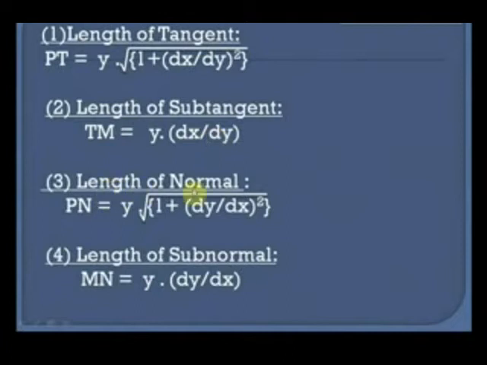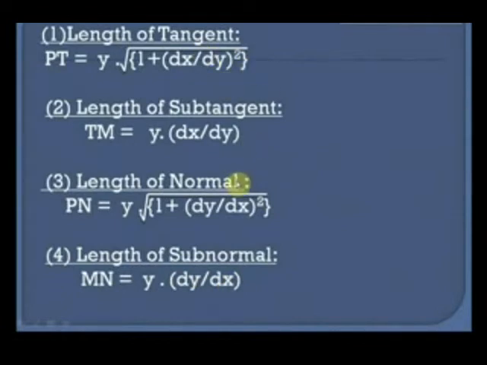The third is length of normal, which is nothing but PN and equal to y into under root of 1 plus square of dy by dx. And the last is length of subnormal, which is the projection of normal. So MN is equal to y into dy by dx.